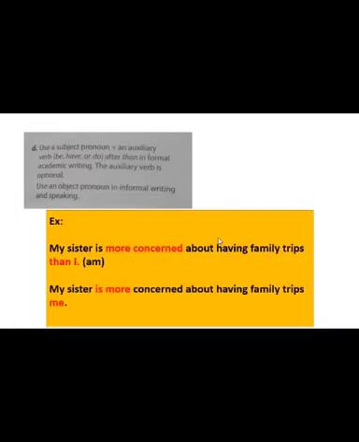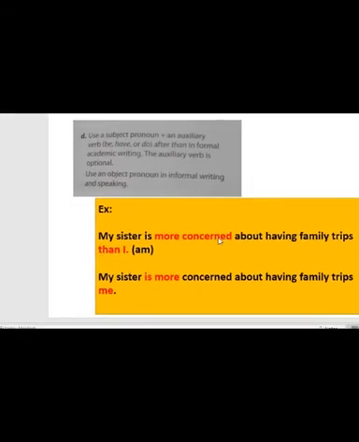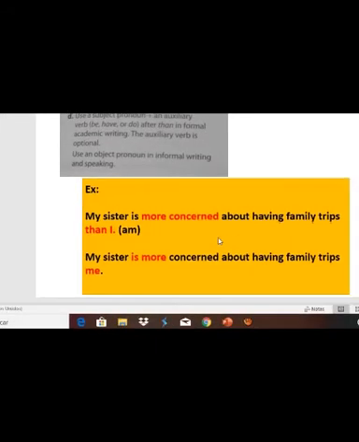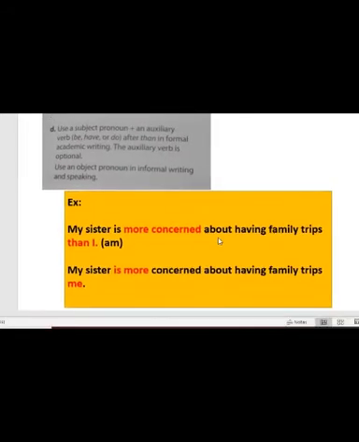Use a subject pronoun plus an auxiliary verb such as be, have, or do after than in formal academic writing. The auxiliary verb is optional. Here you can see the verb is optional. And use an object pronoun in formal writing and speaking.